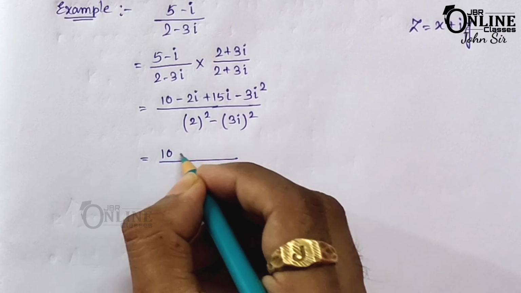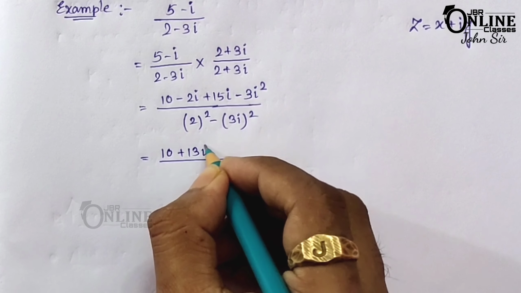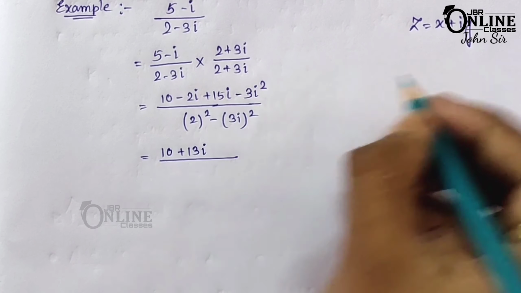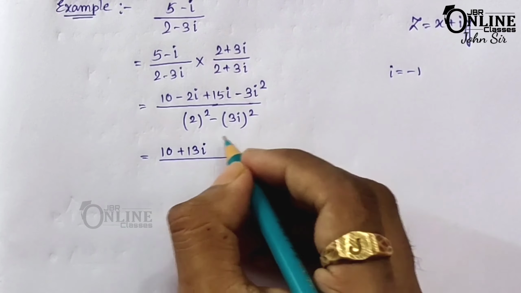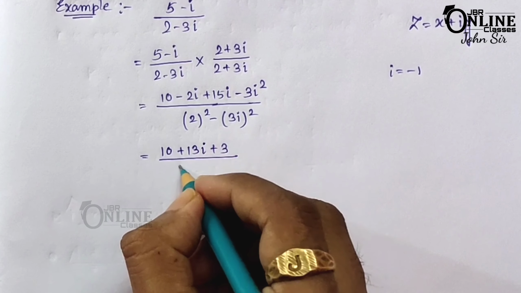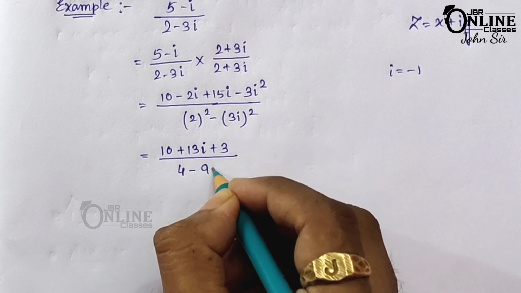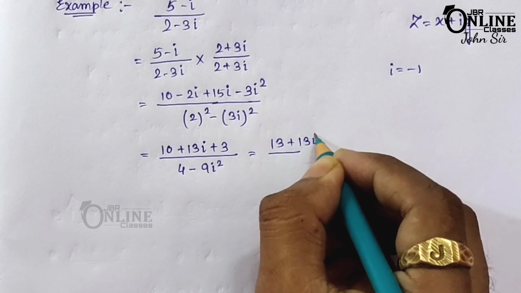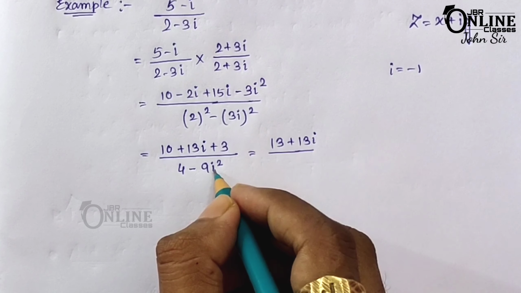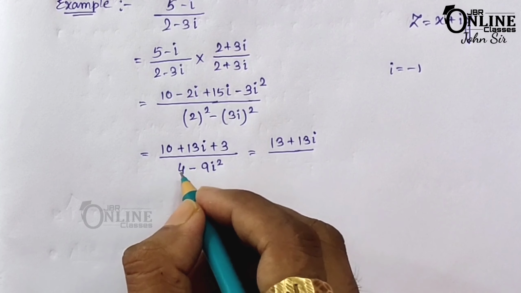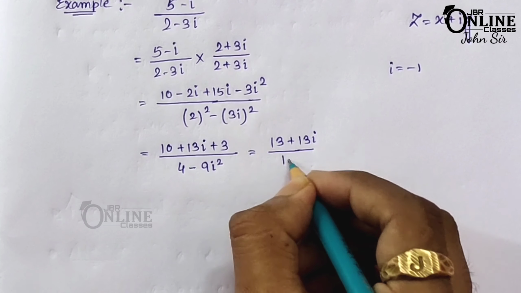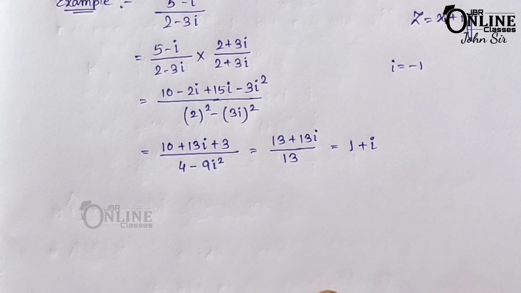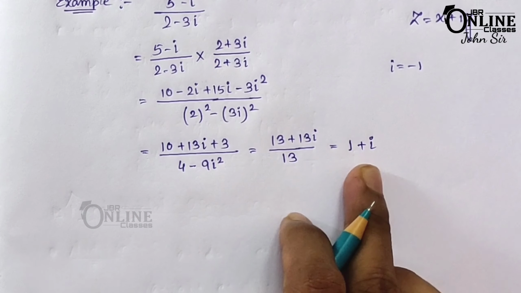So it will be 10 plus 13i, and since i square equals minus 1, it will be plus 3, so 13 plus 13i. In the denominator, i square means minus 1, so it will be plus, 4 plus 9, that is 13. So that means 1 plus i.